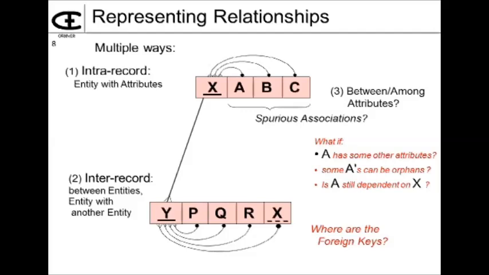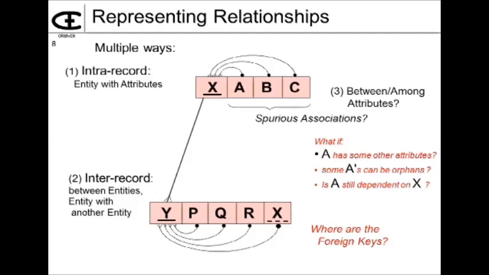Distinguish between what's being stored in a table and the things in that world that we're trying to model. Okay? All that this says is there's a relationship between X and A, X and B, and X and C. And by virtue of putting them in a table and presuming that it's flat, then we are presuming that it satisfies the rules of normalization.